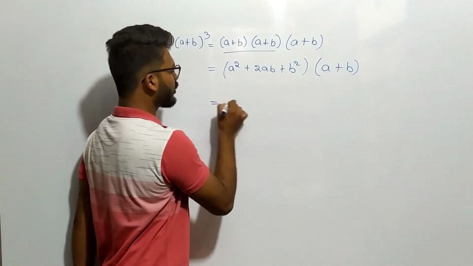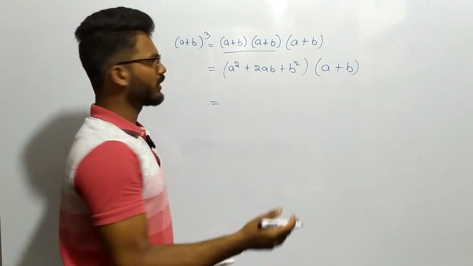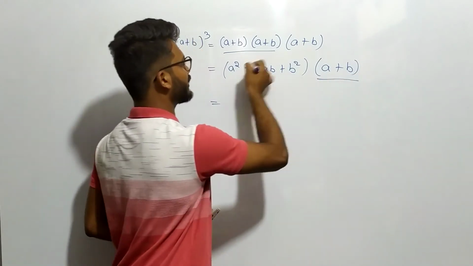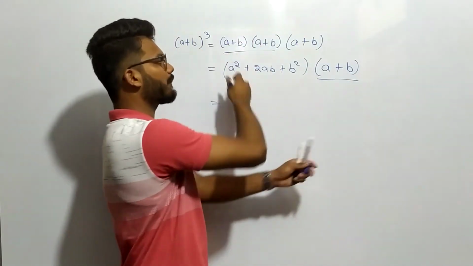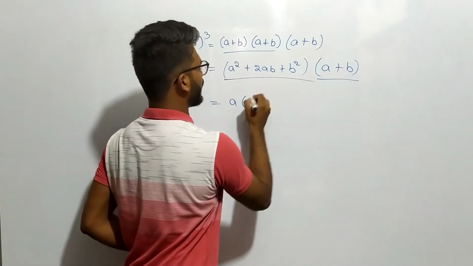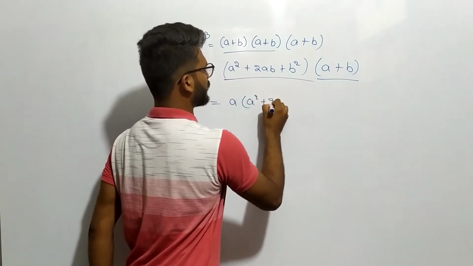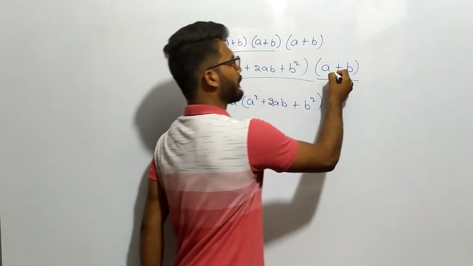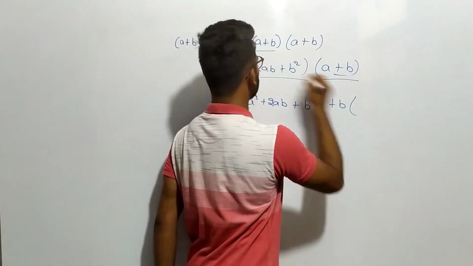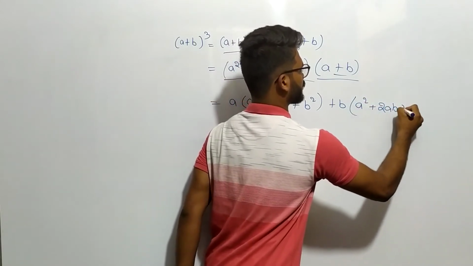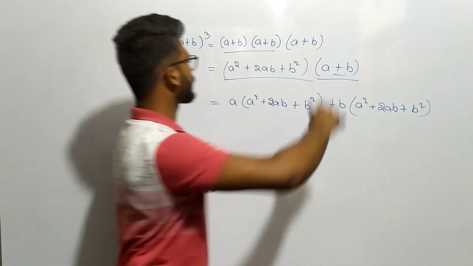Now see how to multiply this. You can write it in this manner or reverse. Whenever you have 2 terms, here 3 terms, you have to multiply 2 terms with 3 terms. So first take a into the whole 3 terms: a square plus 2ab plus b square. Next, plus b into a square plus 2ab plus b square.